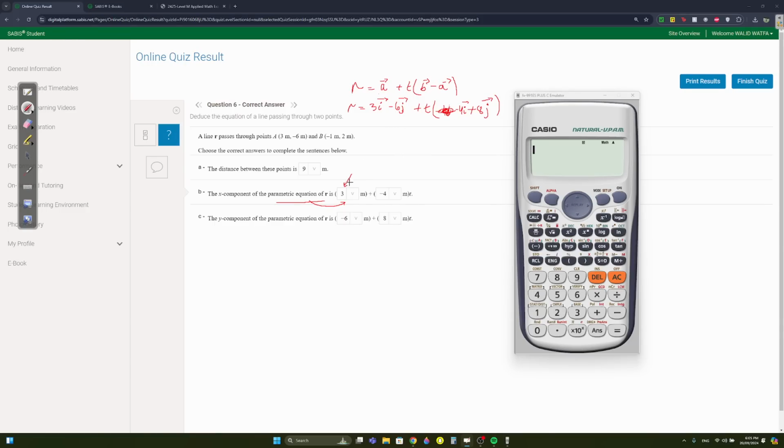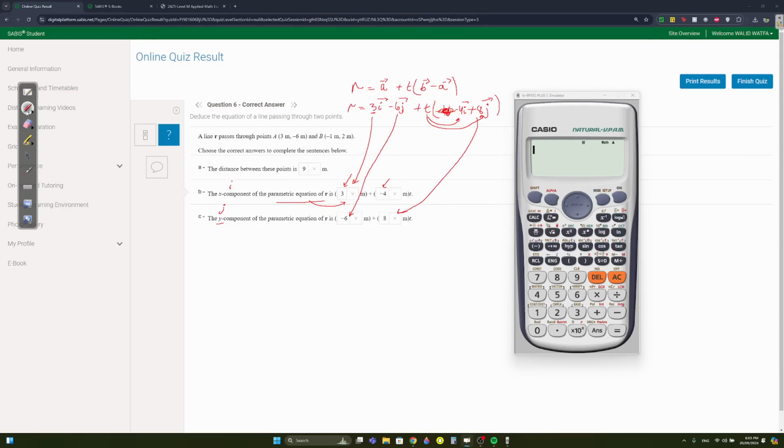We have 3, right? And the one with t is minus 4, right? For the x component, for the i's. How about the y for the j's? We have minus 6, and then the one with t is 8. Okay, that's it.